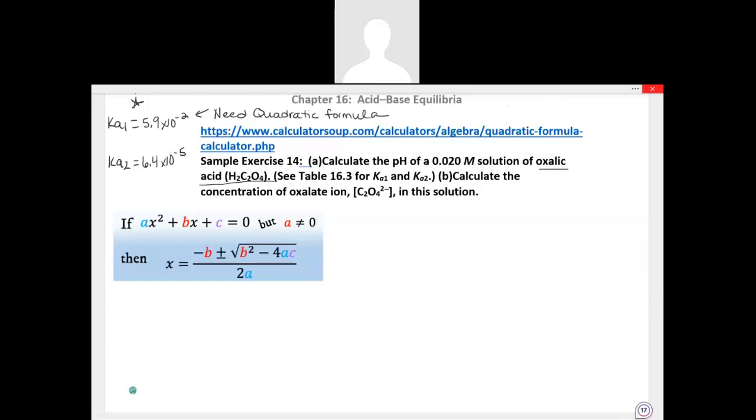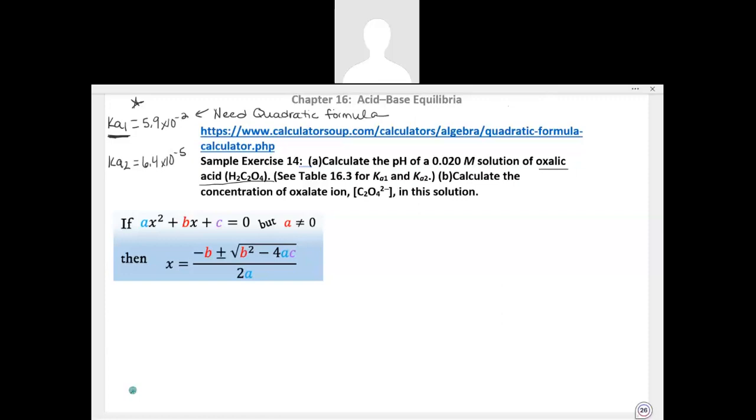You might have noticed there's a lot to do here. We're going to need the quadratic formula to solve for our x once we create our ICE table for this problem. The reason we have to do this, as I've alluded to in the past, is that the K values for previous acids, usually monoprotic, have been much smaller than this, maybe 2 or 3 magnitudes smaller.